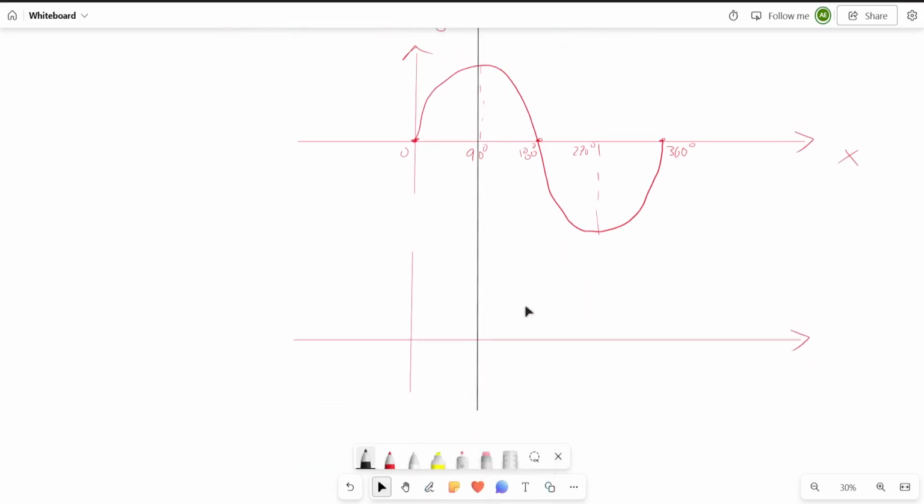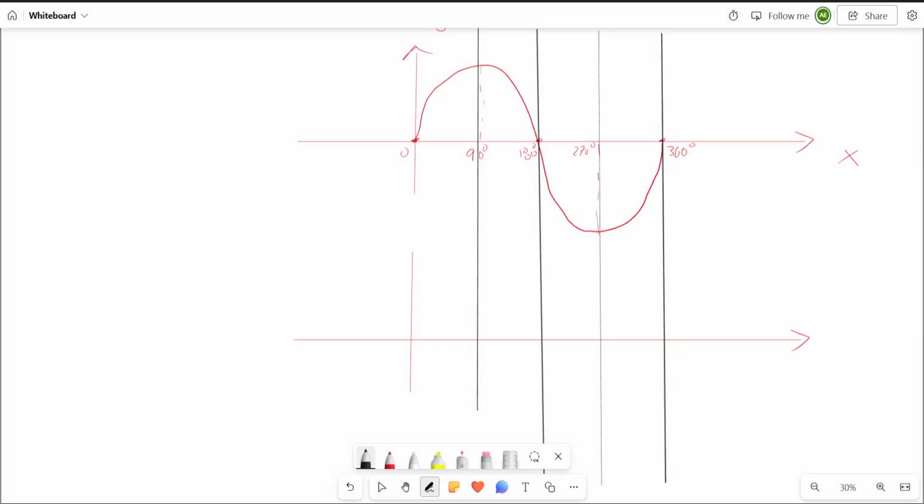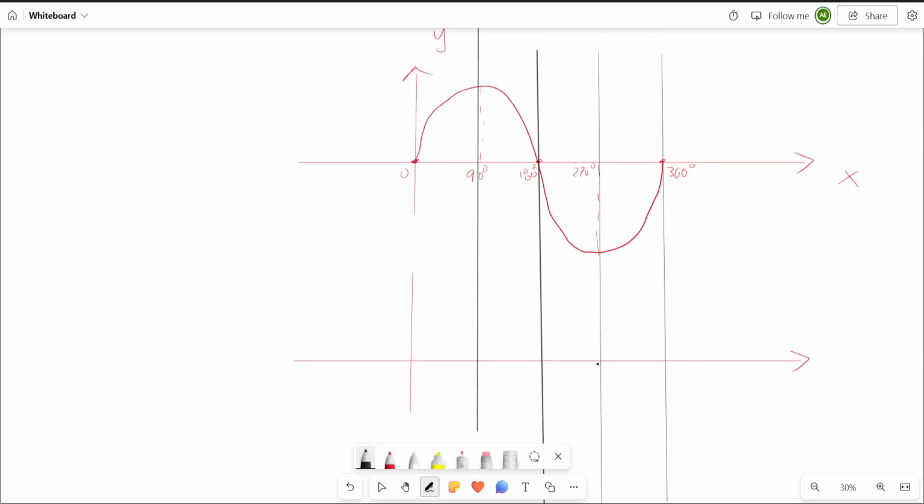So this is the 90 degrees. Here is the 180 degrees. This is the 270 degrees boundary, and this here is the 360 degrees boundary.